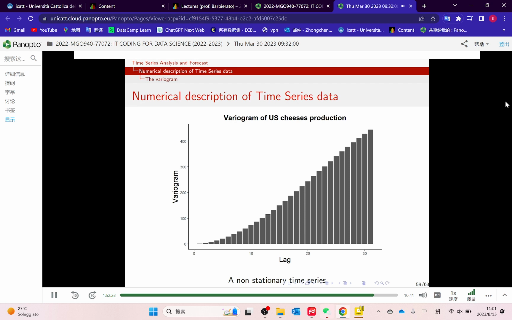One technique, the classic one, is called differencing. It means that I take a generic point of my time series and I subtract the previous value, and I do this for each value of the time series. Then I will check again if the new time series I obtained is stationary or not.